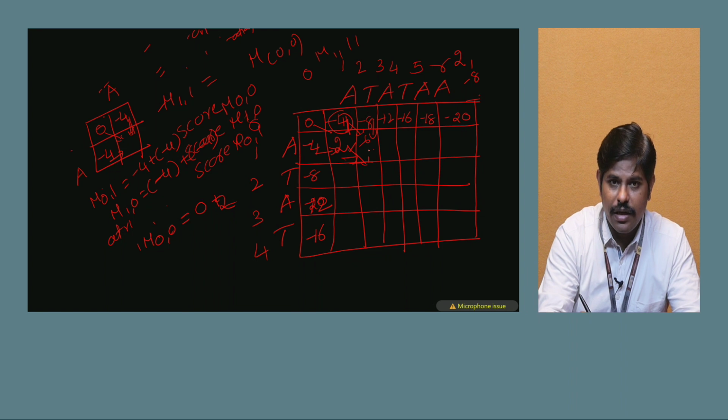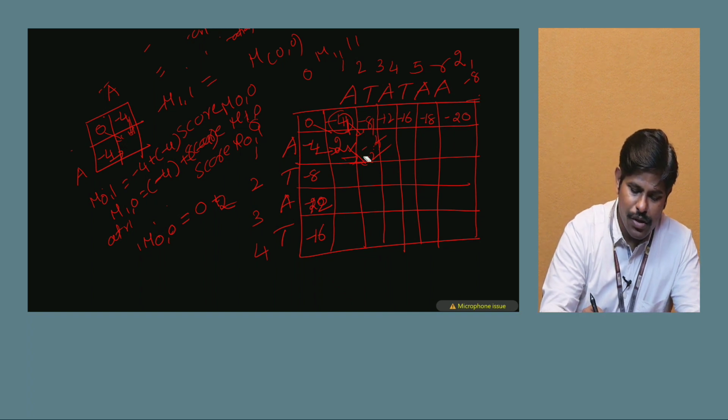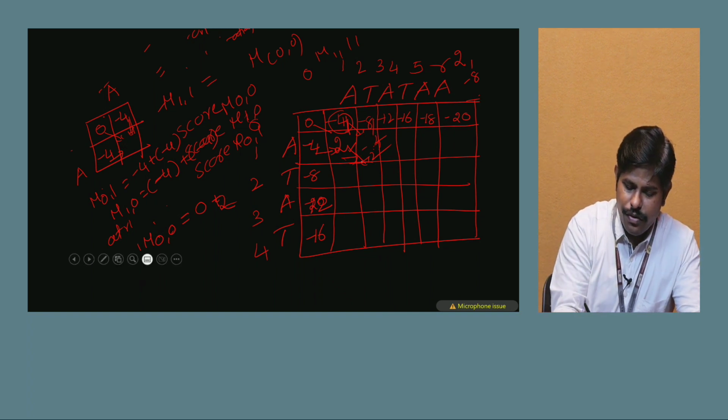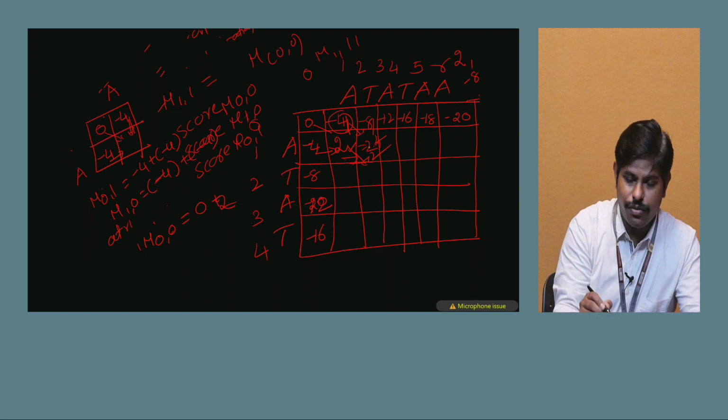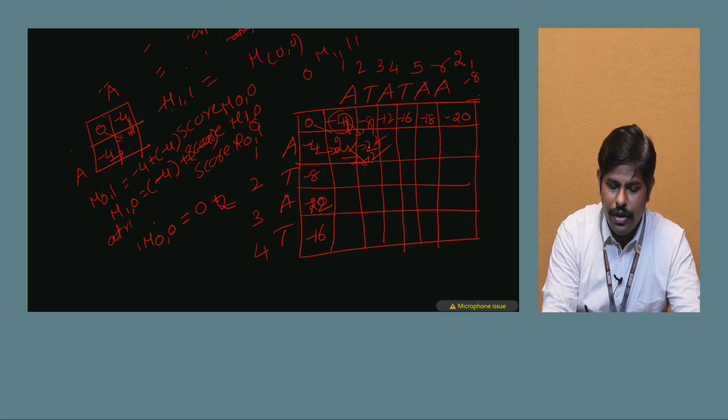In the horizontal or vertical direction I have minus 8, so minus 8 plus minus 4; I don't care about match or mismatch, simply add. So it will be minus 12. Then in this direction, 2 plus minus 4, I get the value of minus 2, from the gap score. So I will take the value of minus 2.